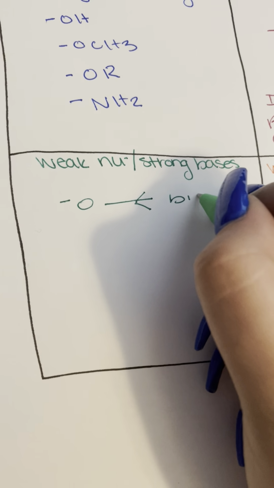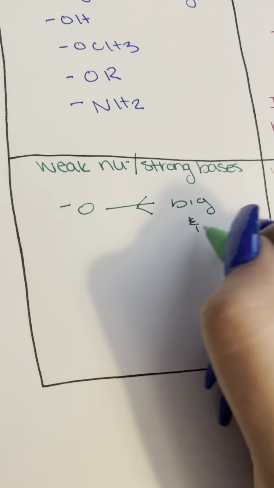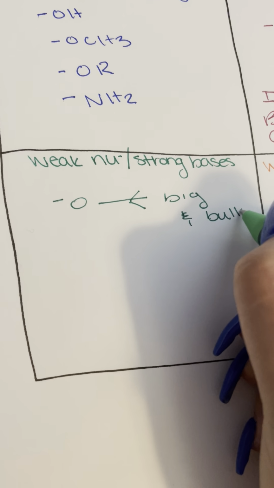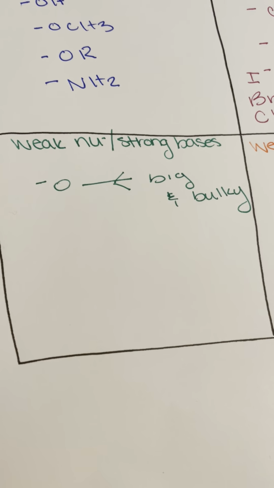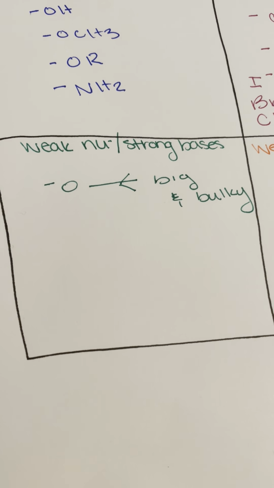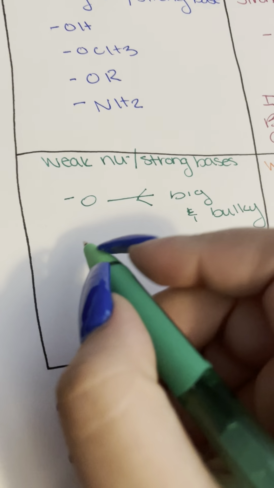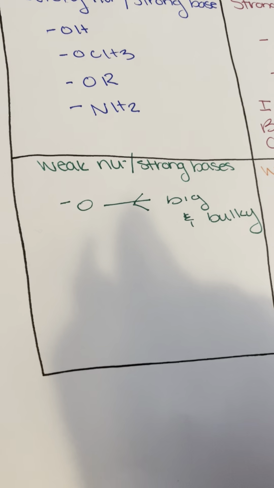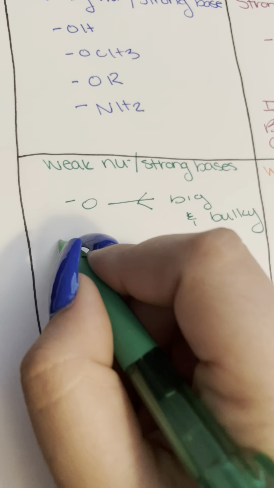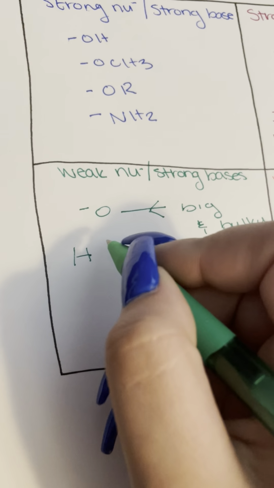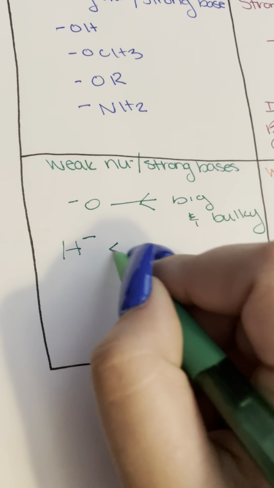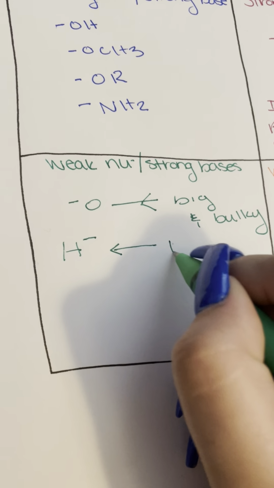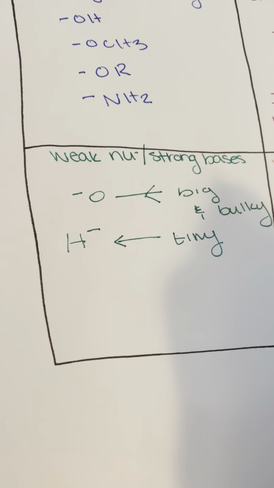So I'm just going to put big and bulky. Now, since there's going to be two different types of elimination processes, we can also use tiny bases as well.